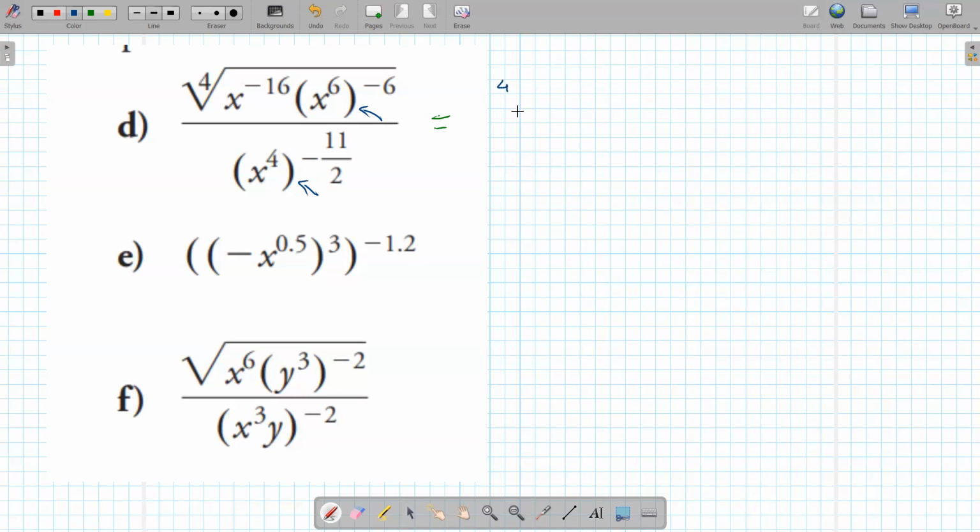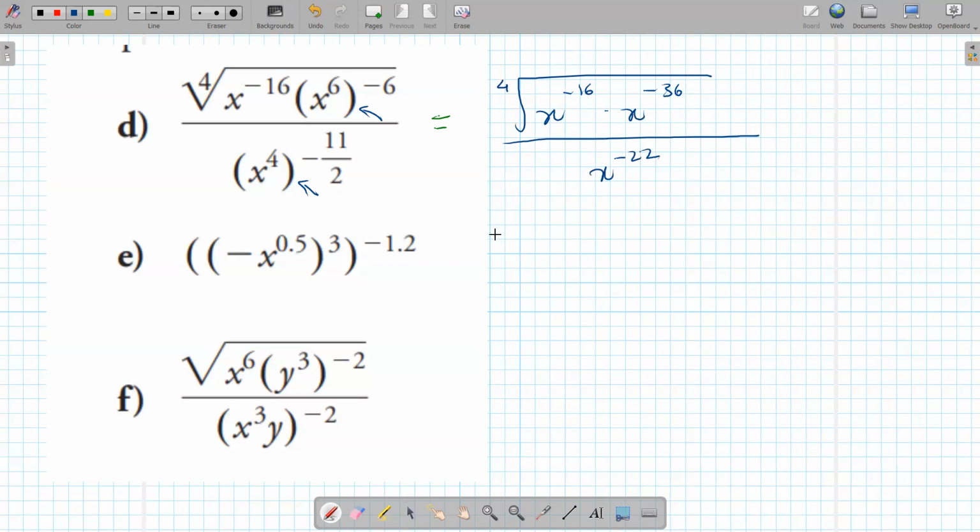So we have the fourth root of x to the -16. What about this x? How many do we have now? -36. And on the bottom, what's 4 times -11/2? Is it just -22? Yes.